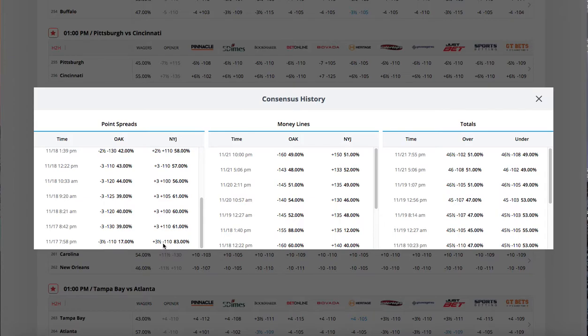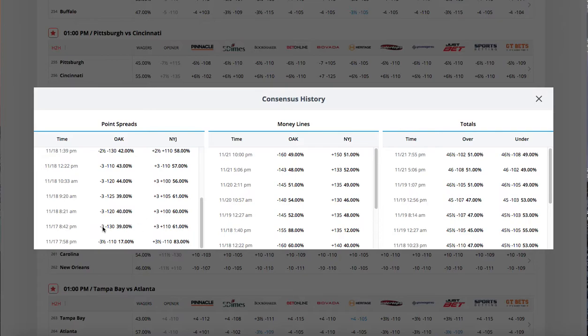Immediately when this opens, you can see the Jets were plus 3.5. And remember that 3 is a very important number in football. So we have 83% of the tickets on the Jets, 17% on Oakland at that first line when it came out right here. So now what does that mean? We can anticipate this line is going to move against the Jets and in favor of Oakland.